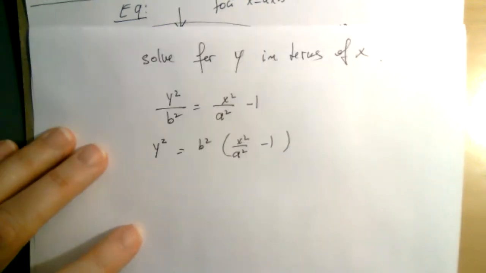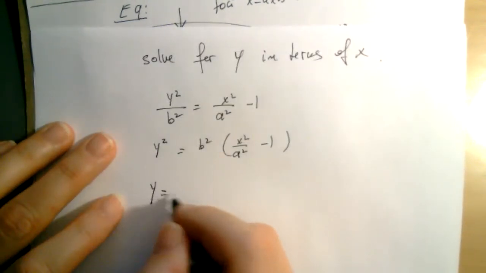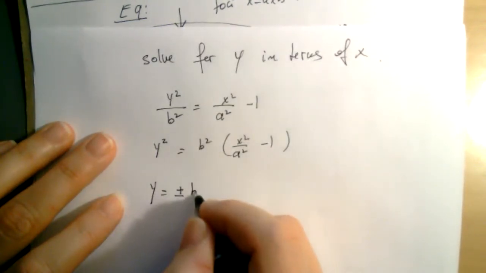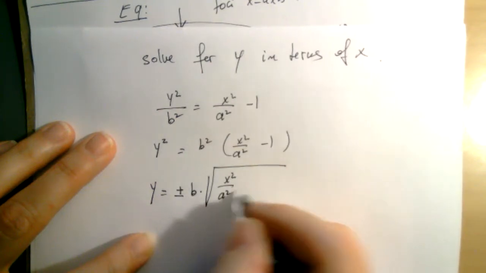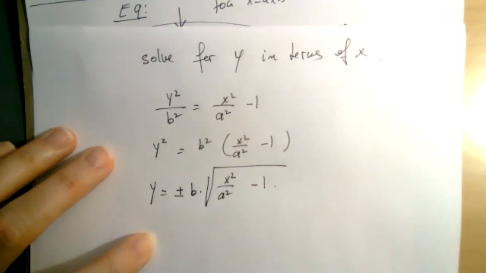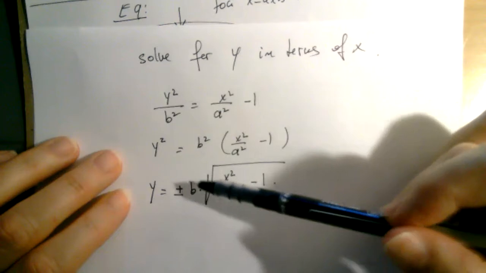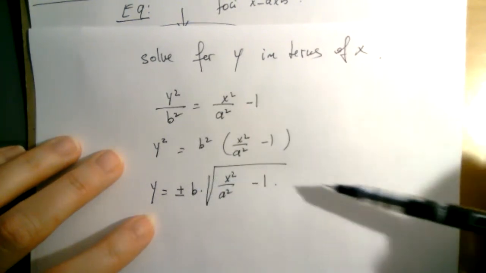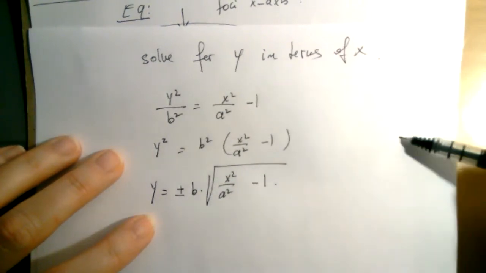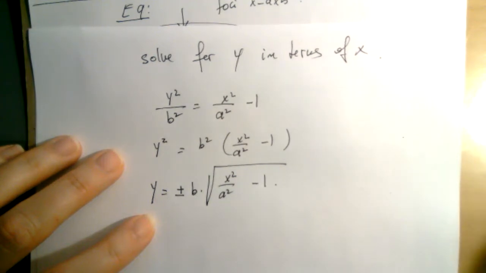It means y is plus or minus b, I'm assuming b positive, times the square root of that. So definitely y is not a function of x, because for every value of x, I have two values of y, one up and one down.